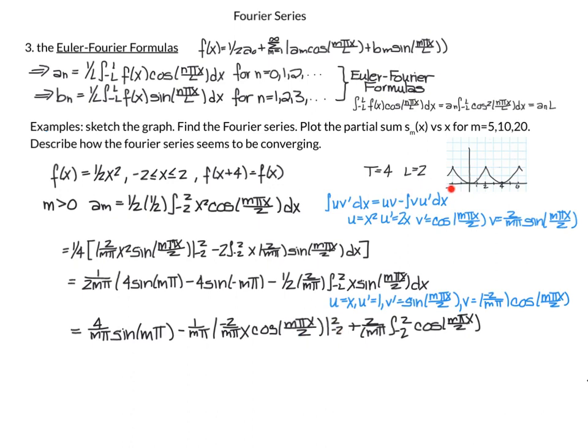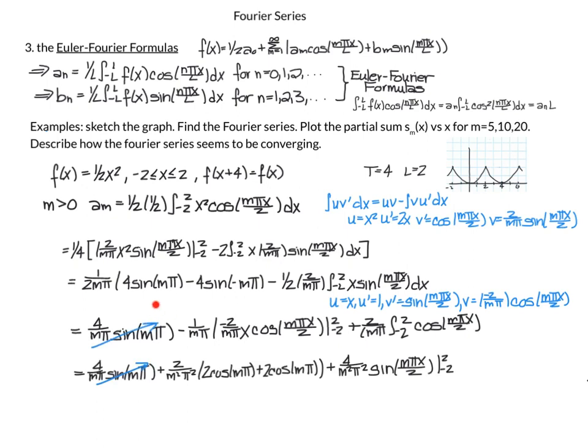And then the rest of my integration by parts formula, v times u prime. So the integral of v times u prime, which is just 1. So I'm going to pull this out. With the negative and this negative, I'm going to get a positive. So I have a 2 over m pi integral from -2 to 2 of cosine of m pi x over 2.